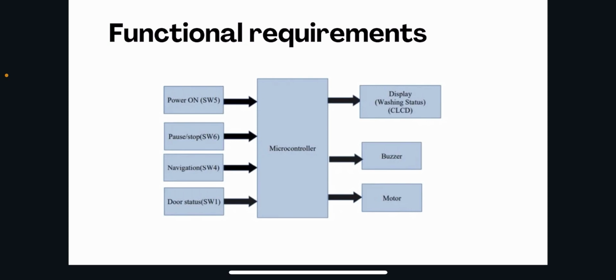Stopping would be long pressing switch 6. Then we have switch 4, which is used for navigation, to move from one mode to another mode. Switch 1 is used to indicate the door status. Then we have the display, which shows the status of the washing machine on the CLCD. And we have a buzzer as well as a motor connected.